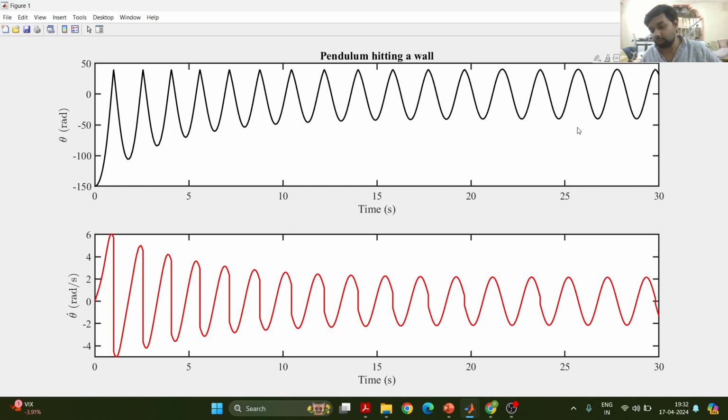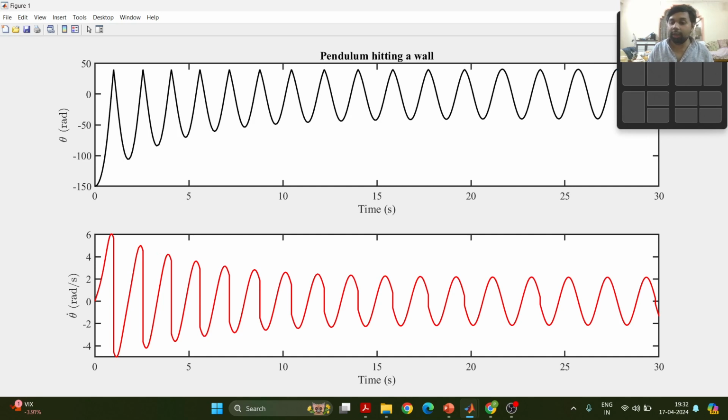It will just go and touch the wall, and then onwards it will continue oscillating at plus minus 40 degree kind of thing. So qualitatively this is how it would look.